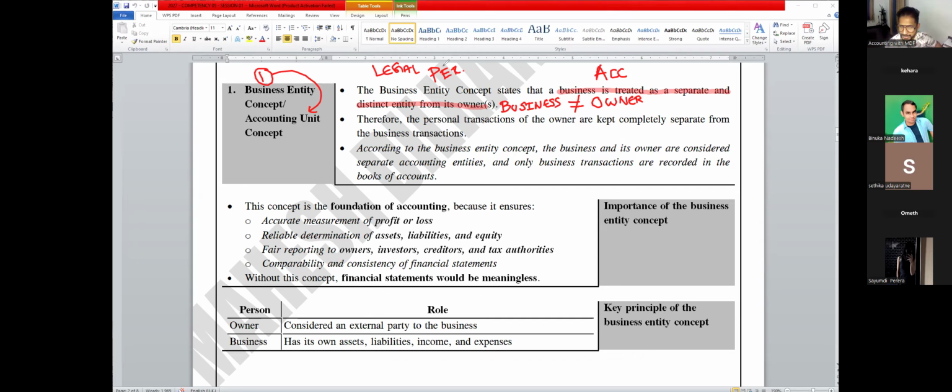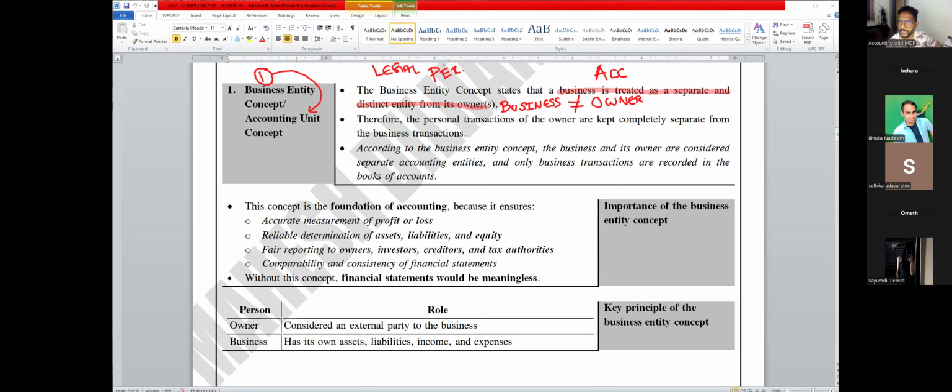Legal personality and the business entity are 2 separate theories, right? Because the accounting unit or business entity concept applies to all business organizations, and it is from the accounting perspective, but legal personality is from the legal perspective.